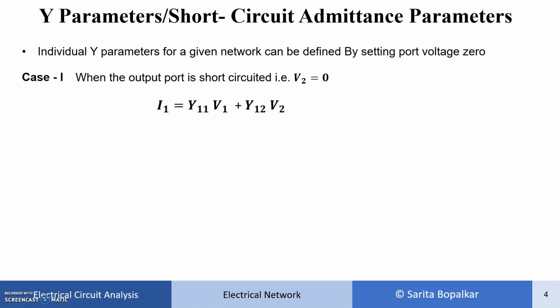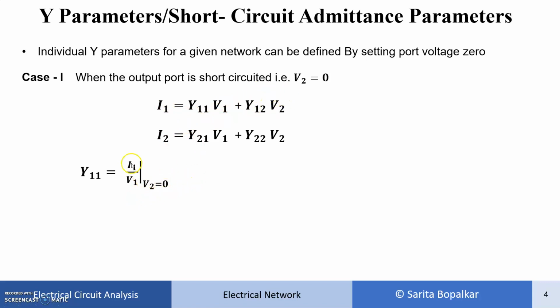Voltage 0 means short circuit, so the output port we are short circuiting. So when the output port is short circuited, that is V2 is equal to 0, we will get Y11. Similarly, from the second equation, when V2 is equal to 0, we will get Y21. So what are Y11 and Y21? Y11 is I1 upon V1 when V2 is equal to 0.